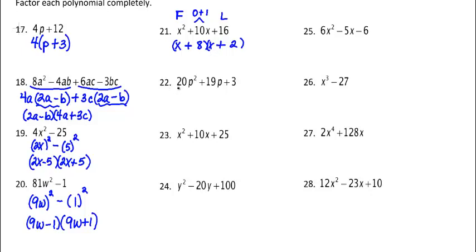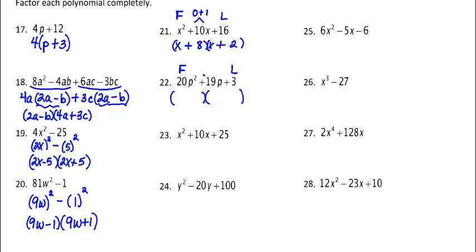Number 22 is a little bit more complicated polynomial. It is 20p squared plus 19p plus 3. So if we're going to do the guess and check or trial and error here, remember that, again, we have to first find things that multiply to be 20p squared, and then the last terms will be what multiplies to be 3.